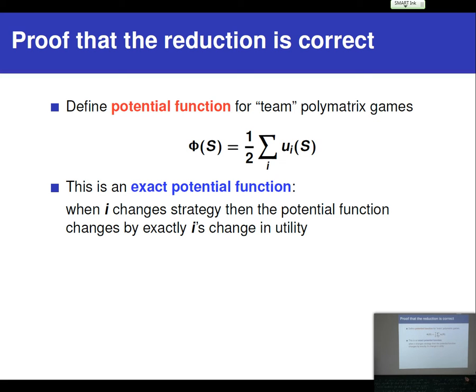When a player i changes its strategy, then the potential function value will change by exactly i's changing utility. Hence the division by 2, because when a player changes, their own payoff changes, but also the person on the other end of that edge changes too. So if you just sum up the utilities of everyone, you're getting this change twice, and dividing by 2 corrects that and makes an exact potential function.